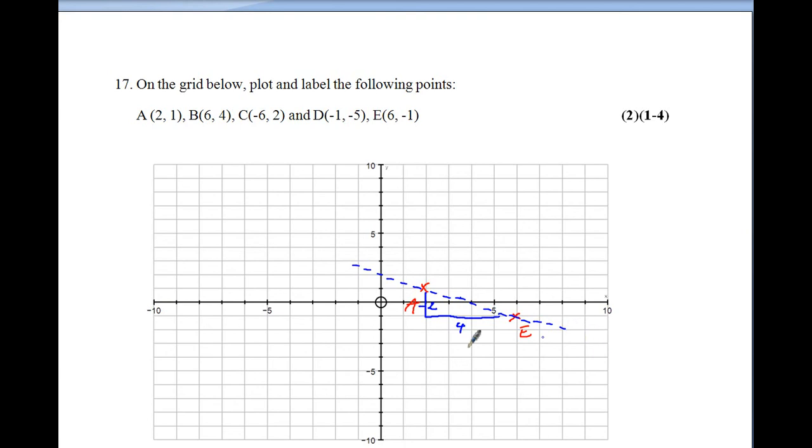The gradient is -2/4, which is -1/2. What that means is for 2 steps across, I go 1 step down. It also means that for 2 steps to the left, I go 1 step up. So what looks like a y-intercept of 2 is actually 2. And therefore, when I'm looking for the equation of the line, I'm getting -1/2 x plus 2.